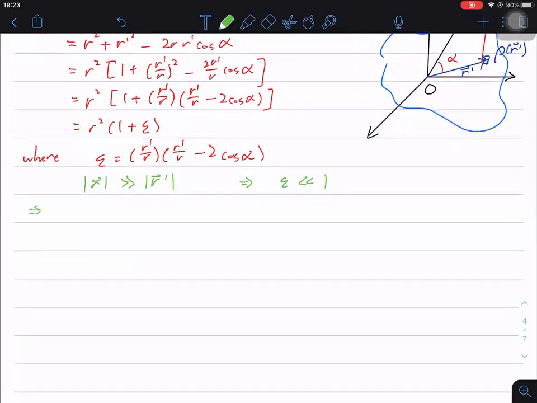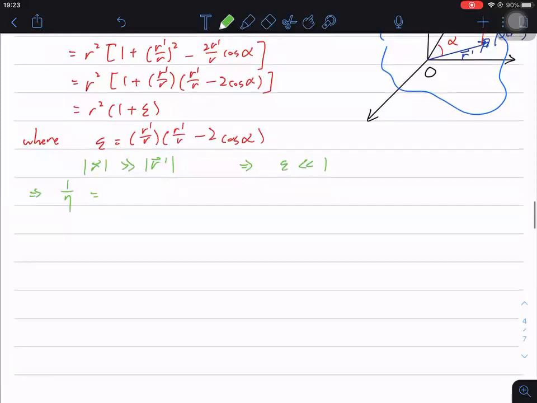Here we can approximate the value of 1 over eta. Taking the inverse and then the square root of the previous result, we have 1 plus epsilon to the power of minus 1 over 2.